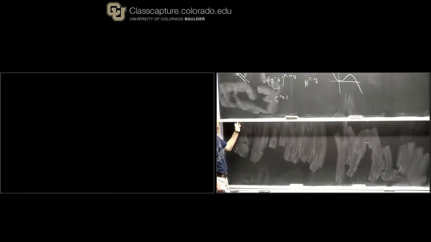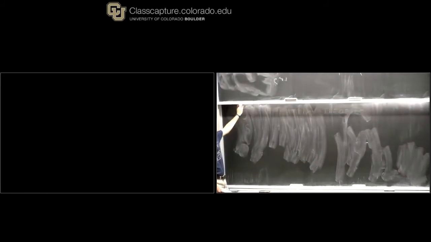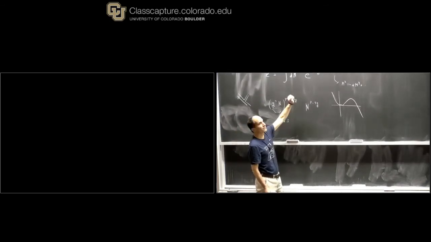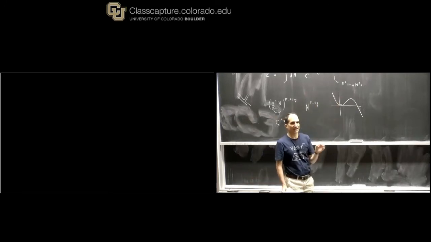And so you might, for many reasons, be interested in studying random matrices where the probability is more or less uniform for each matrix element. If we take, for example, the Gaussian, we'd have a Gaussian distribution for each matrix element.